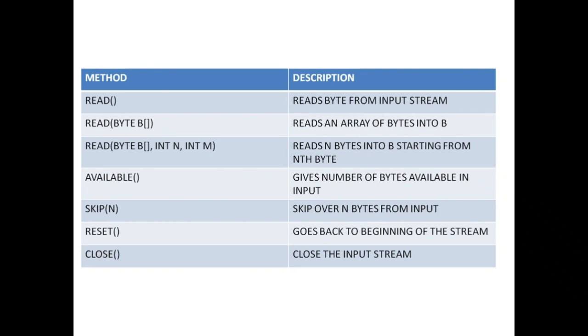That is simple, I think. Next one is reset. It goes back to the beginning of the stream, that is from where you started inputting your data or reading from a particular stream. And the last one is close, which will close the input stream.